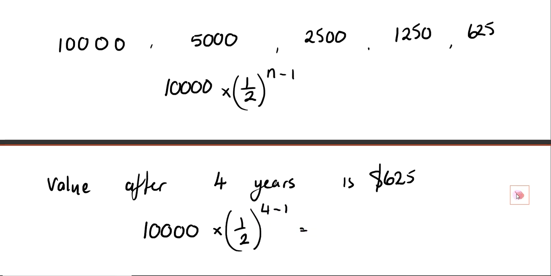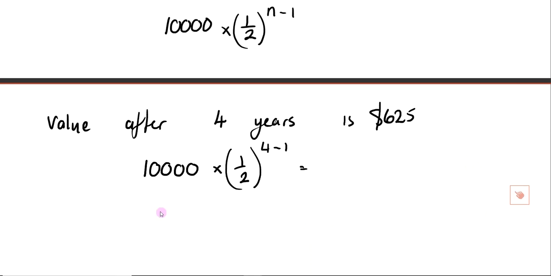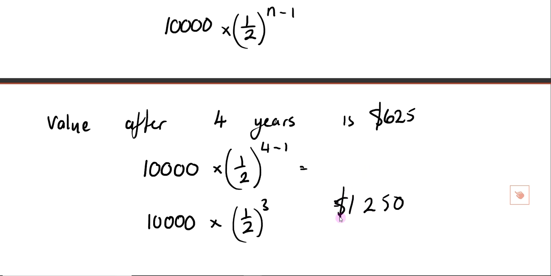If you do that on your calculator, please. So that's 10,000 times 1/2 to the power of 3. What do you get? Do you get $625? You get $1,250. So what's gone wrong?